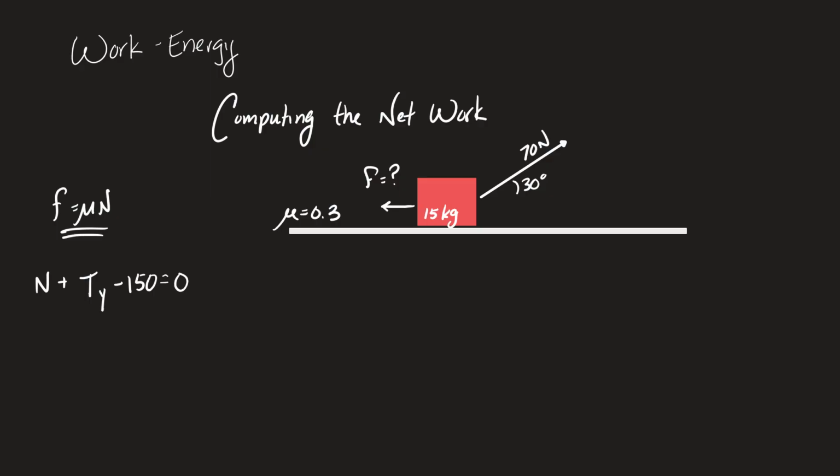Right? That's the net force in the y direction. And we need the component of the tension that's in the y direction. That's probably 70 times the sine of 30, which is 35. So normal plus 35 equals 150. So yes, normal is 115 newtons.